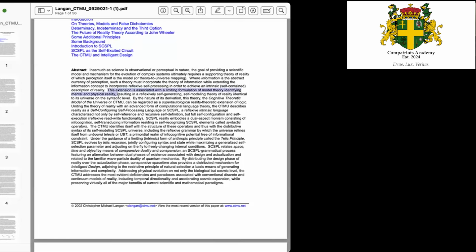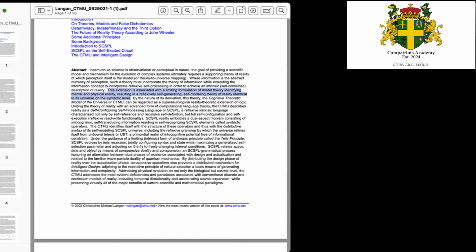So it says this extension is associated with a limiting formulation of model theory. Model theory deals with the formal connection between our theories and our universes, and that's what's called a model, something that connects our abstract ideas to the real world. But the CTMU says that these are actually all the same.